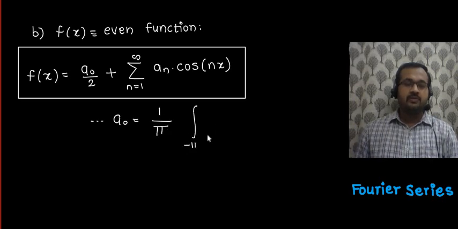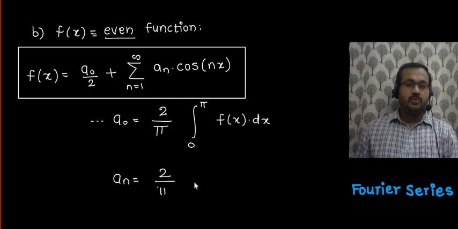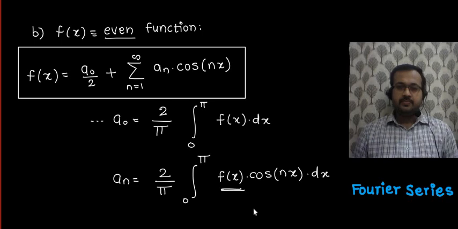Since we have started with minus pi to pi and f of x is an even function, by applying integral properties of even functions, this integral can be written as 2 times integration 0 to pi. Similarly, an is equal to 2 upon pi integration 0 to pi f of x into cos nx, and this integration with respect to x.